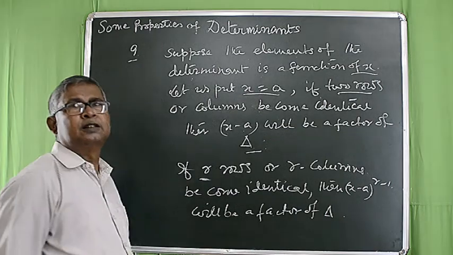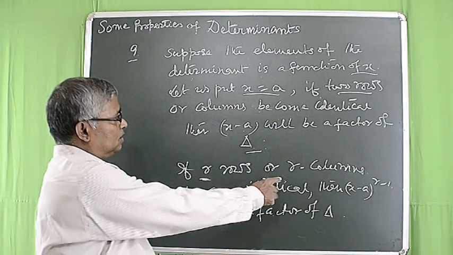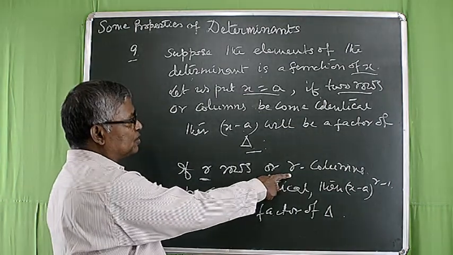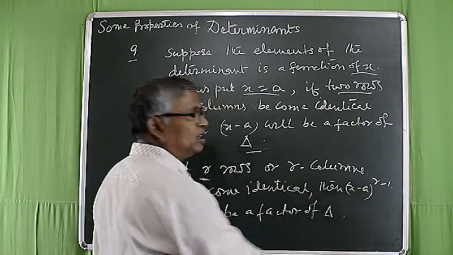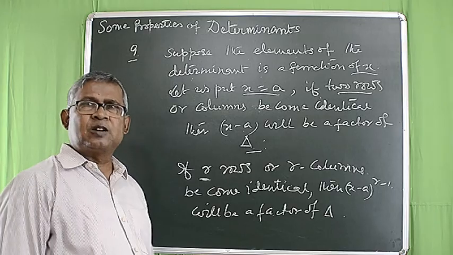That is, if r number of rows or columns become identical, then x minus a whole to the power r minus 1 will be a factor of the determinant.